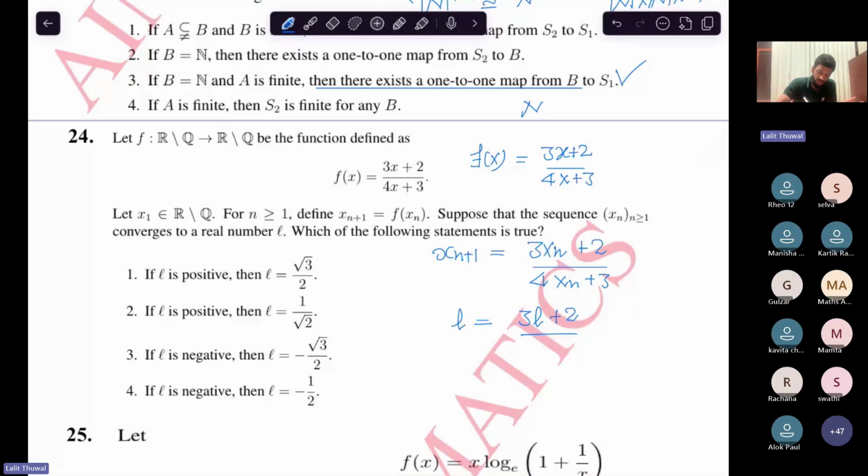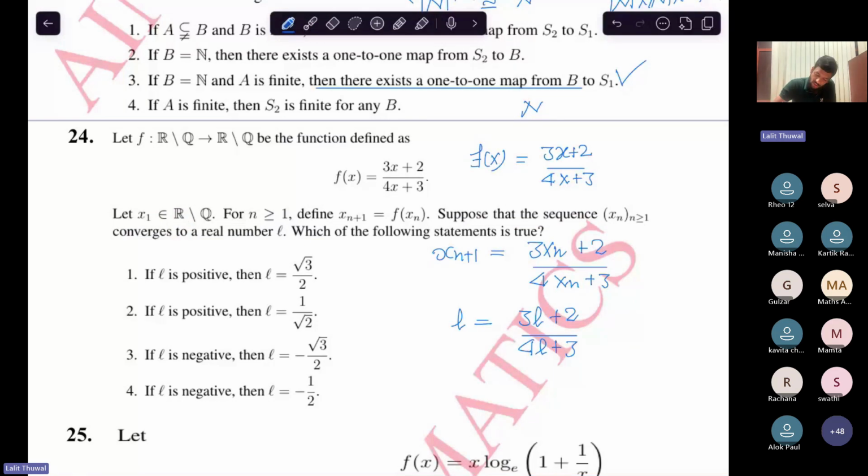So now we will see what is the possibility of L. But what the question asks: suppose that the sequence xn converges to the real number L, and we have picked x1 to be an irrational number. Which of the following statements are true? So let's check where it can converge first, okay?